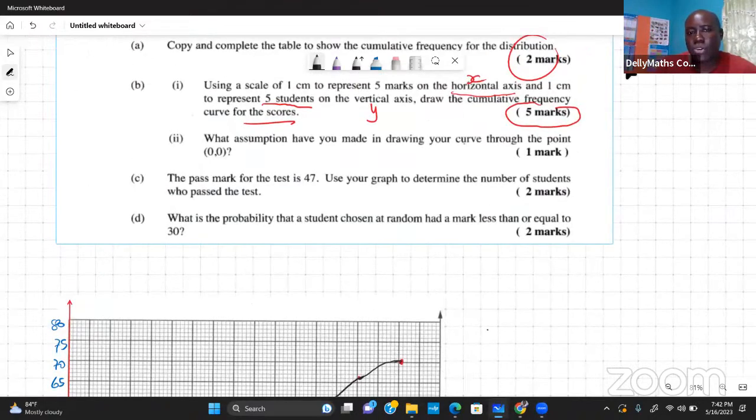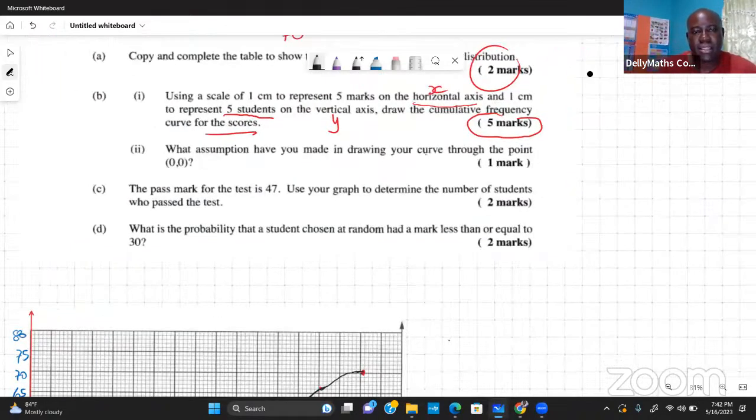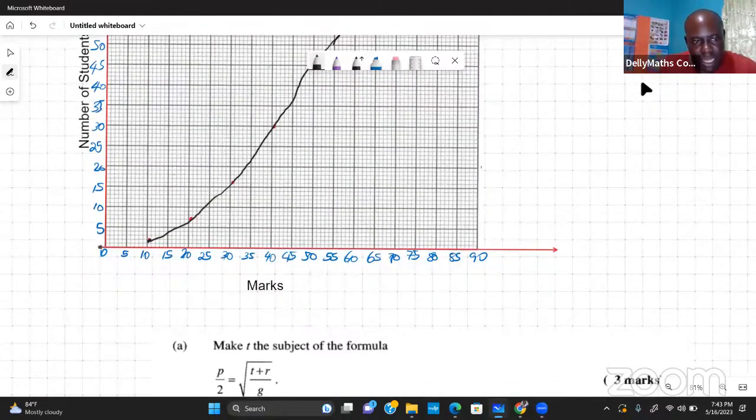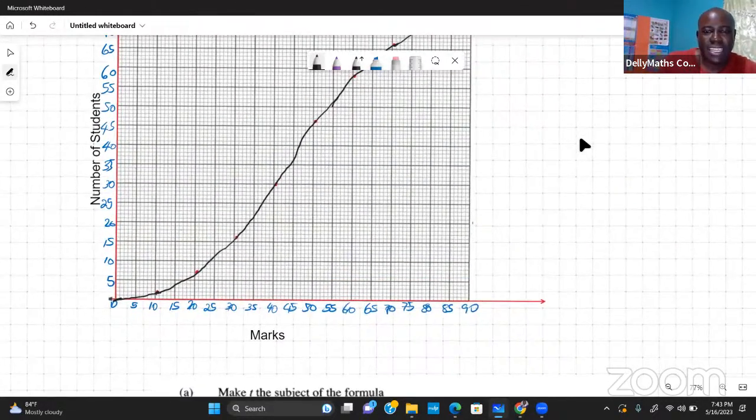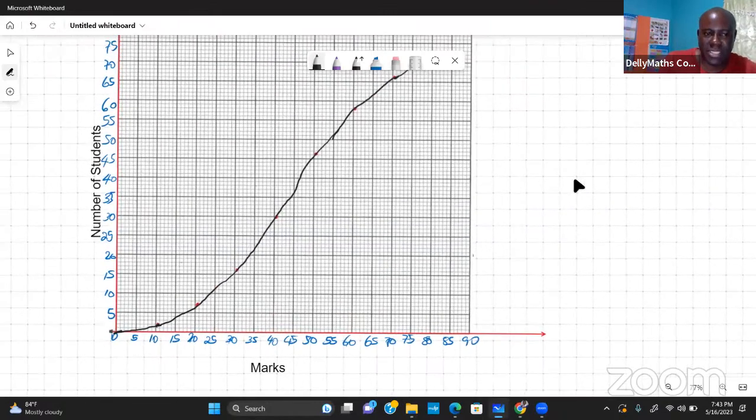Now they're going to ask you questions like, watch this. They said, what assumption have you made in drawing your curve through 0, 0? Let's draw it through 0, 0 here. Now, what is the context of the question?